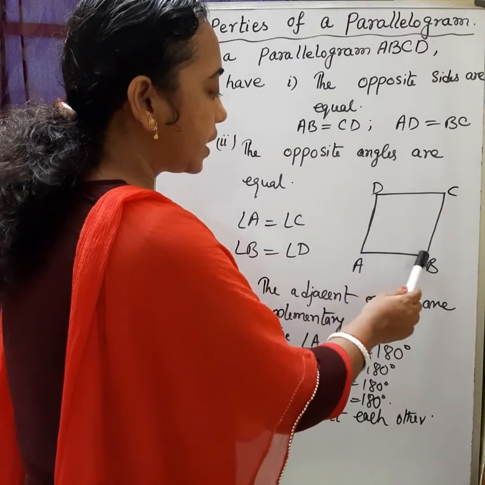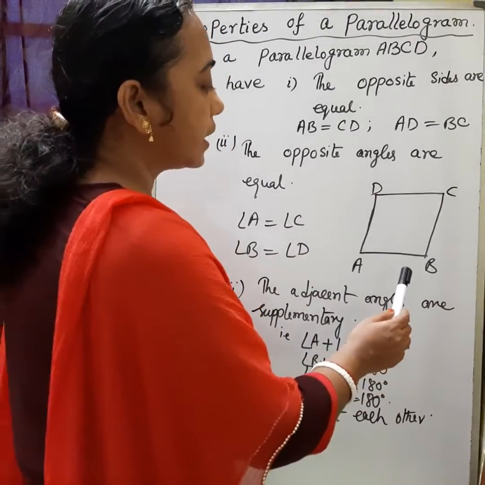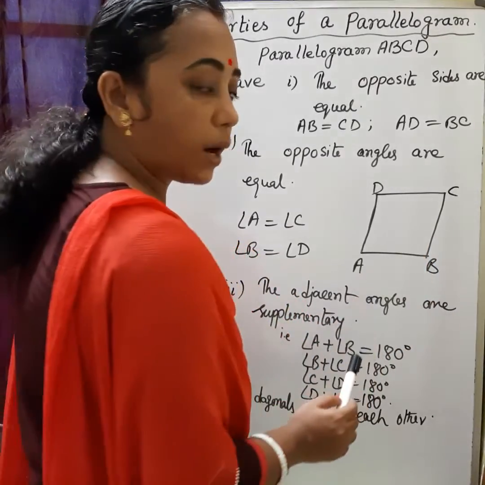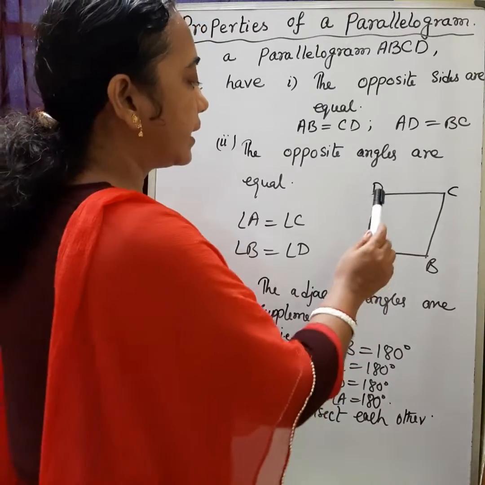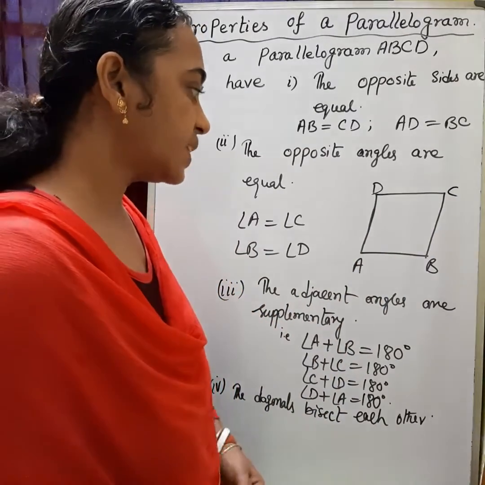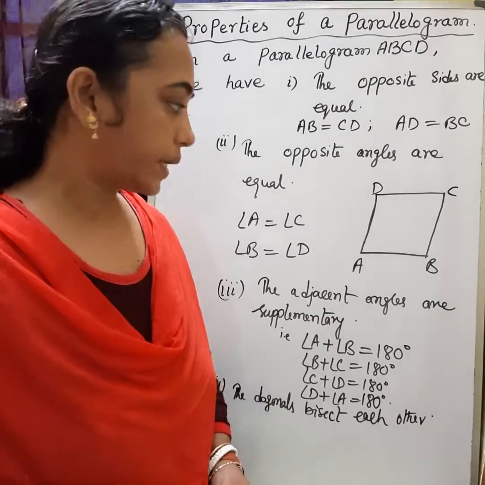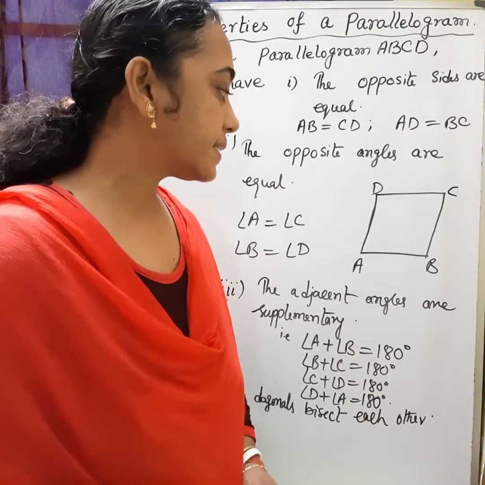Here angle A and B are adjacent angles, so angle A plus B is equal to 180 degrees. Again angle B plus C is equal to 180 degrees, angle C plus D is equal to 180 degrees, and angle D plus A is equal to 180 degrees. Another important property is that the diagonals of a parallelogram bisect each other.